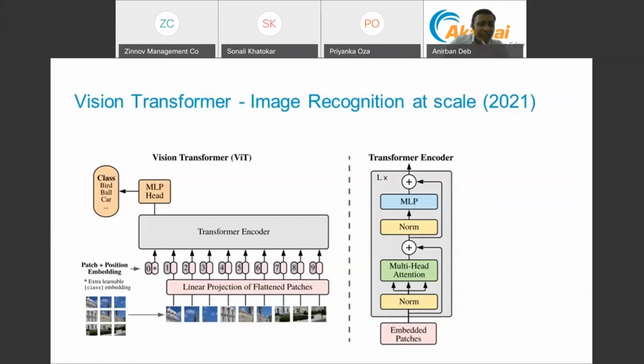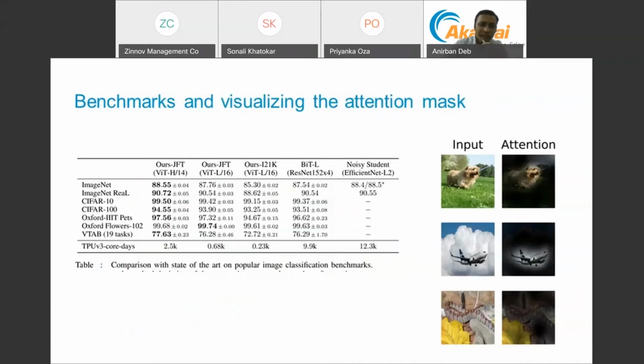Then it feeds that in and tries to predict what class it is. Again, a very similar architecture of multi-head attention, which you can see on the right. You can look this up in detail. Very interesting here on the right, the attention mask is able to focus on the right object in the input image, the face of the dog or the airplane. It's actually able to sense it.